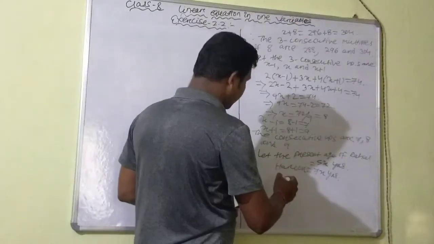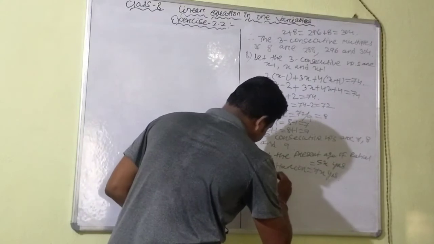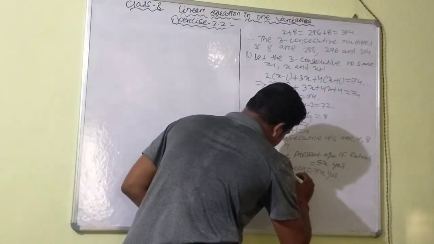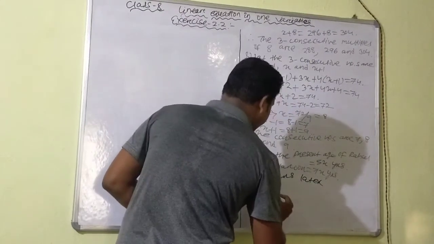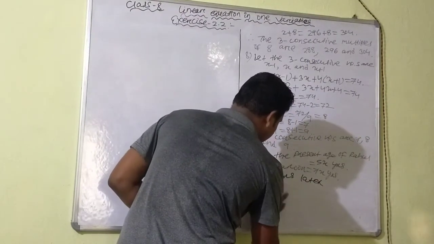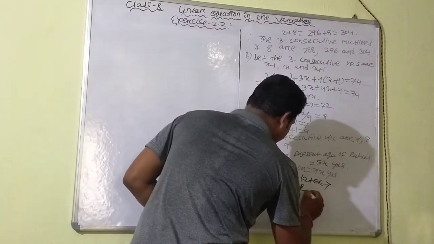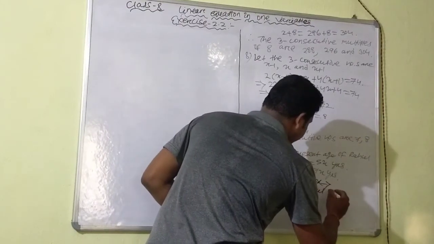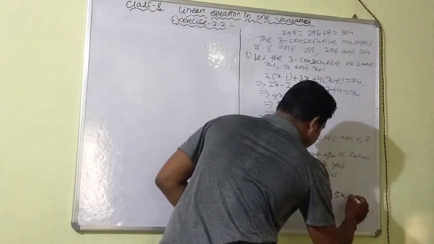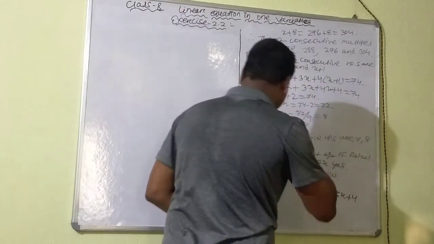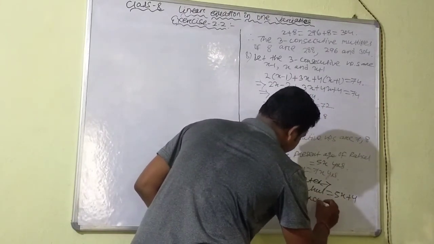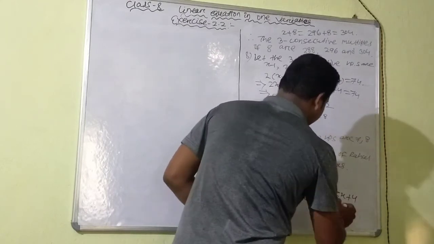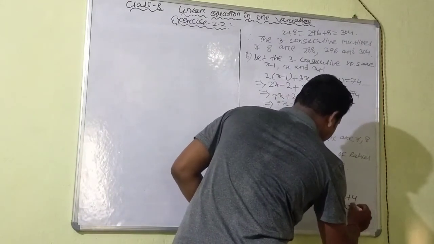Okay. 4 years later, the age of Rahul will be 5x plus 4 and Harun will be 7x plus 4.